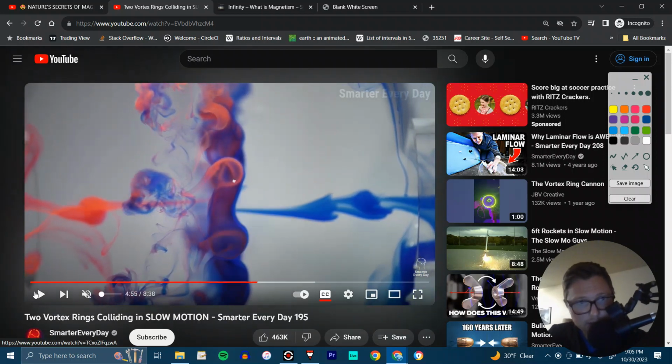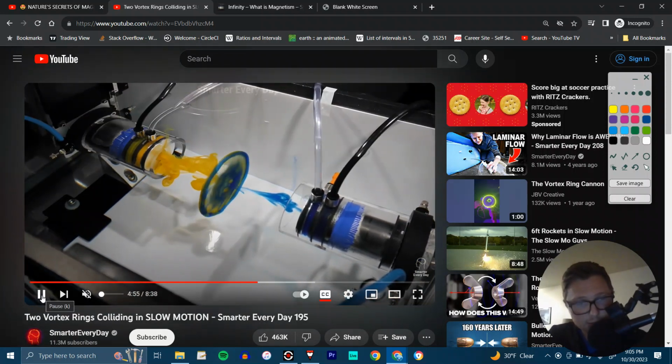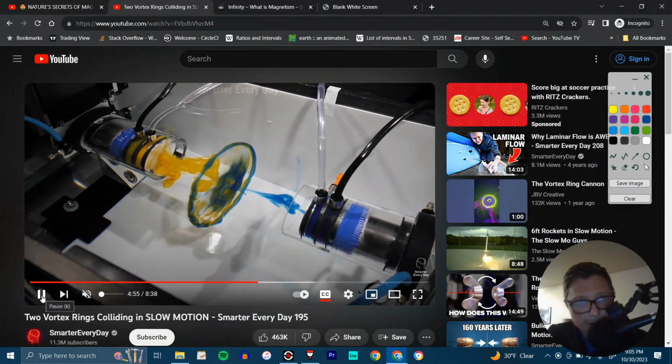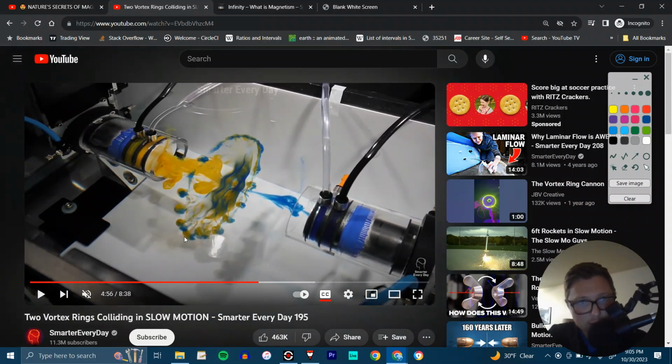Let me play that one more time from a different perspective. Here's blue and yellow. The rotations will be such that they form these perpendicular outputs of toroids, of more fields.